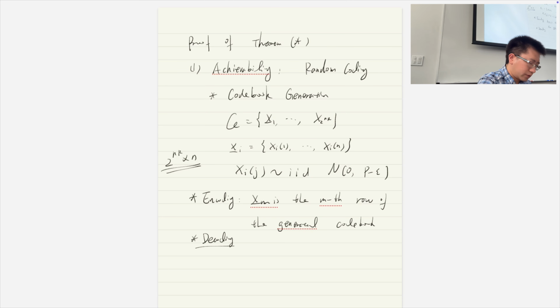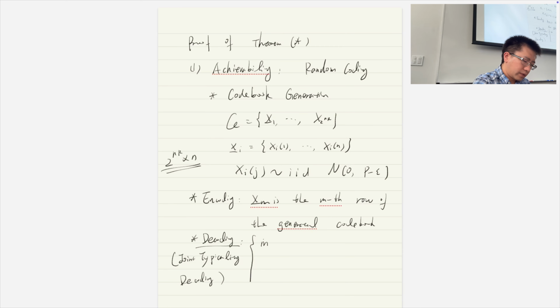What should we do for decoding? This should be straightforward. Why did we want to introduce the AEP here? Because we use typicality decoding. Decoding is joint typicality decoding.